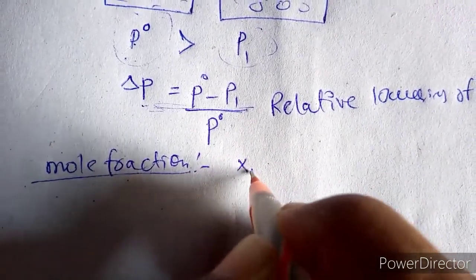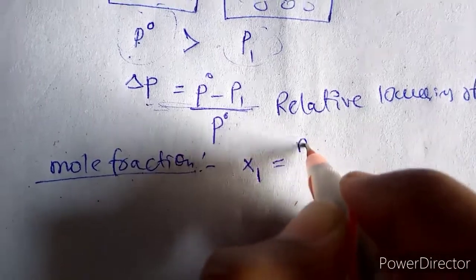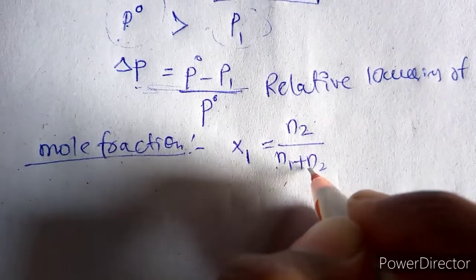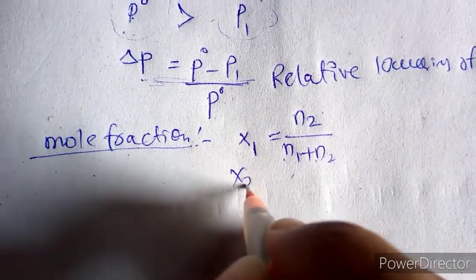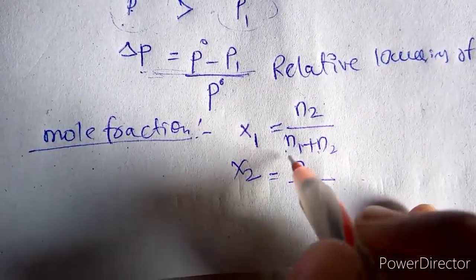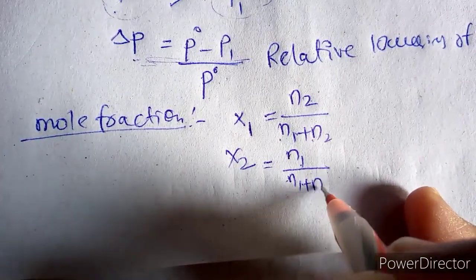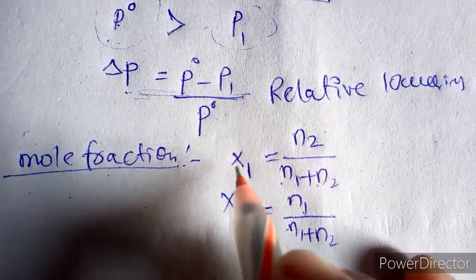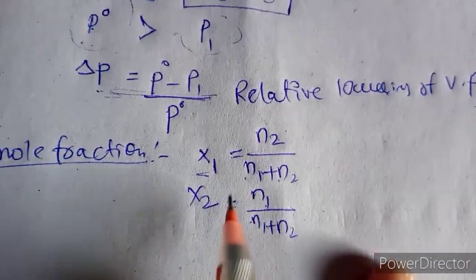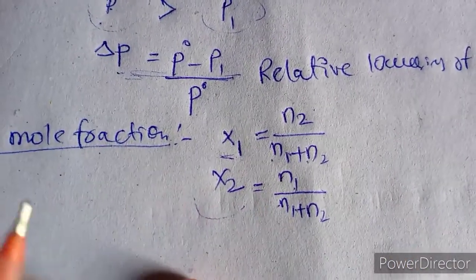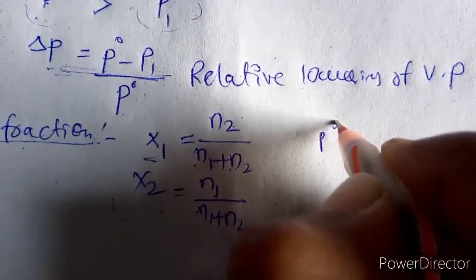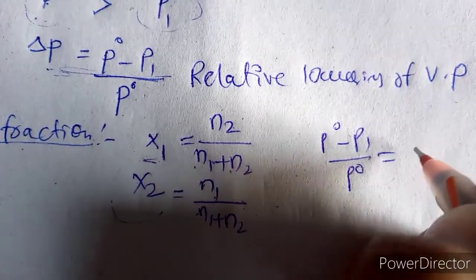If you want to calculate the mole fraction of solvent, it is equal to the number of moles of solvent divided by the total number of moles of solute and solvent present in the solution. For the mole fraction of solute, it is the number of moles of solute divided by the moles of solute plus solvent in the solution. Therefore the relative lowering of vapor pressure is equal to the mole fraction of solute. That is, (P0 minus P1) by P0 is equal to X2.